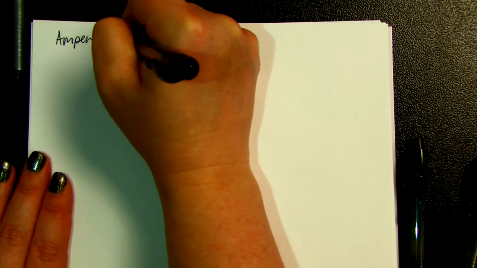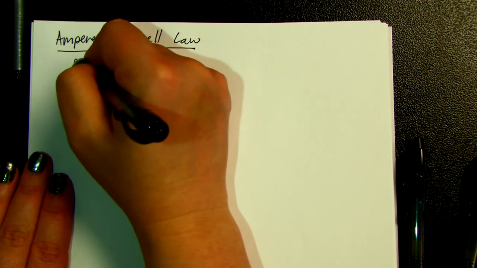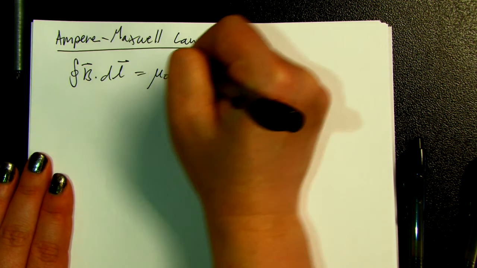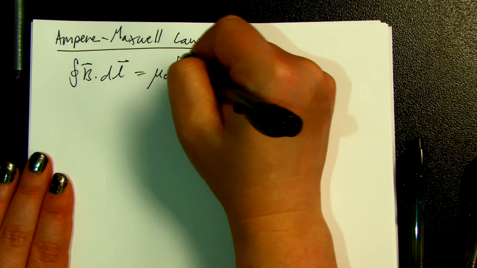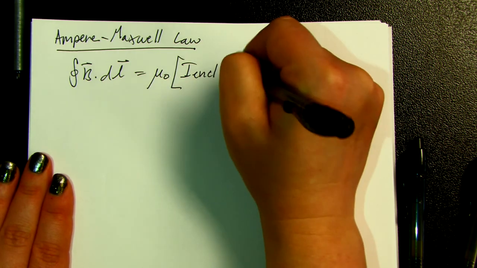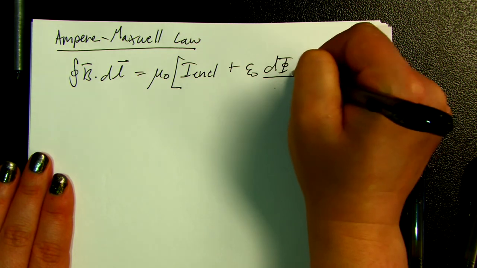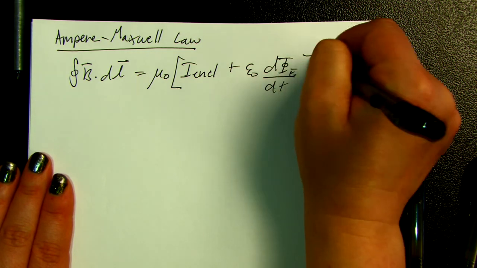Ampere-Maxwell is up next. So we have B dot dl is equal to mu naught I enclosed plus epsilon naught times the change of electric flux.